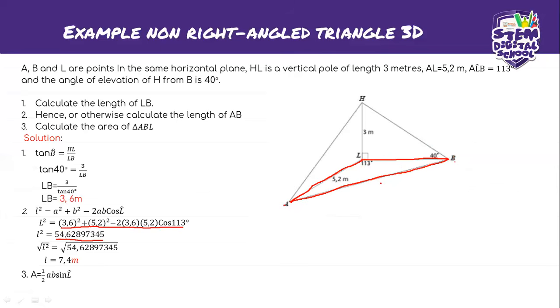Then we will be able to calculate the area. Now we just substitute. After you have substituted your values, our area is going to be equal to 8.6 meter squared. 8.6 meter squared. Please, learners, don't forget to write that unit, which is meter squared. Okay? So if it does not have units, you write unit squared to show that you are calculating area.